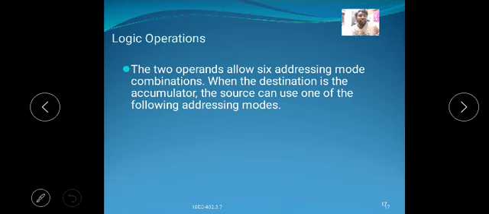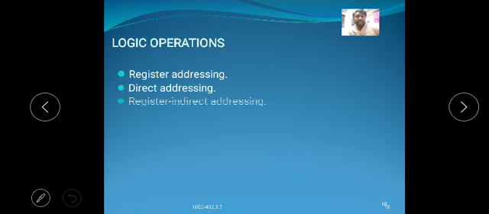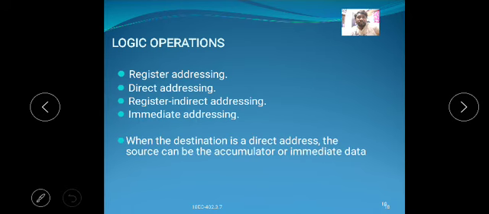The two operands allow six addressing mode combinations. When the destination is the accumulator, the source can use one of the following addressing modes, same as in the OR logic: register addressing, direct addressing, register indirect addressing, immediate addressing.